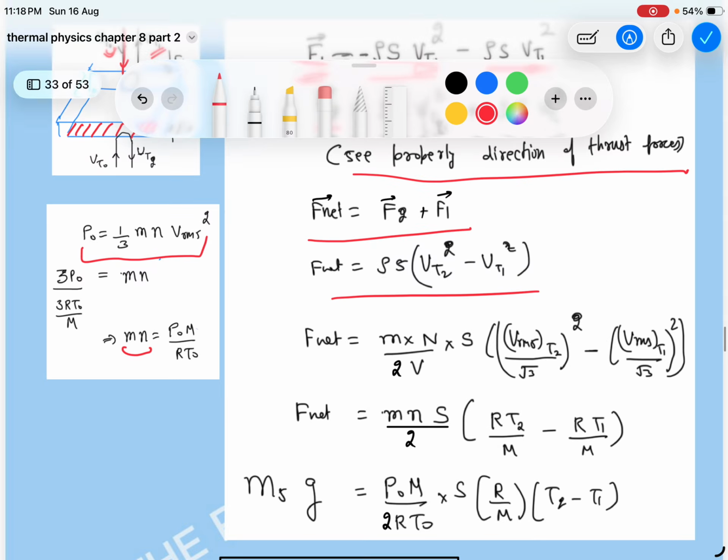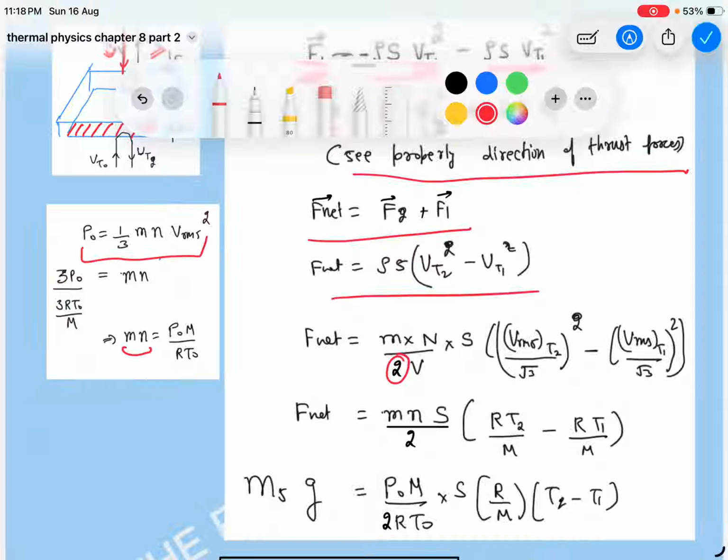Okay, so now this M n I am using as P naught M by R T naught. Here you can also see this factor of 2, again as I discussed in one more problem of KTG. When we are interested in number density in a particular direction, we have to divide the overall number density by 2, because we are interested in the number of particles moving in that particular direction only.